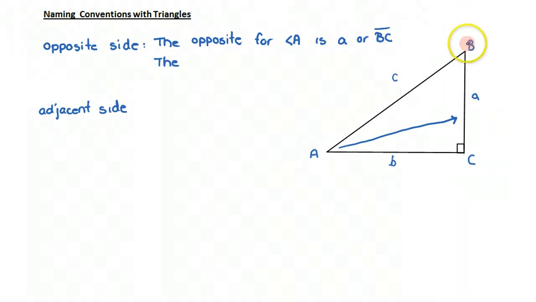Now likewise, if I took angle B, we would talk about the opposite of B, and that would be small b. So the opposite for angle B is b, or we could say AC.